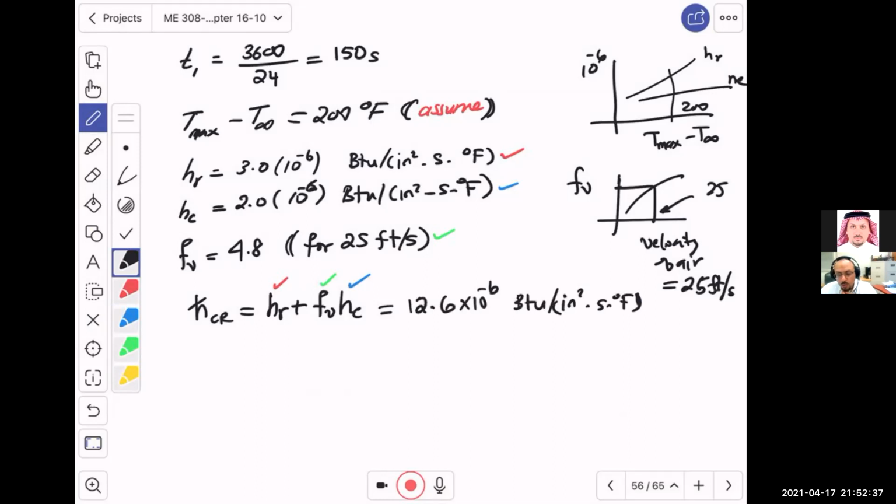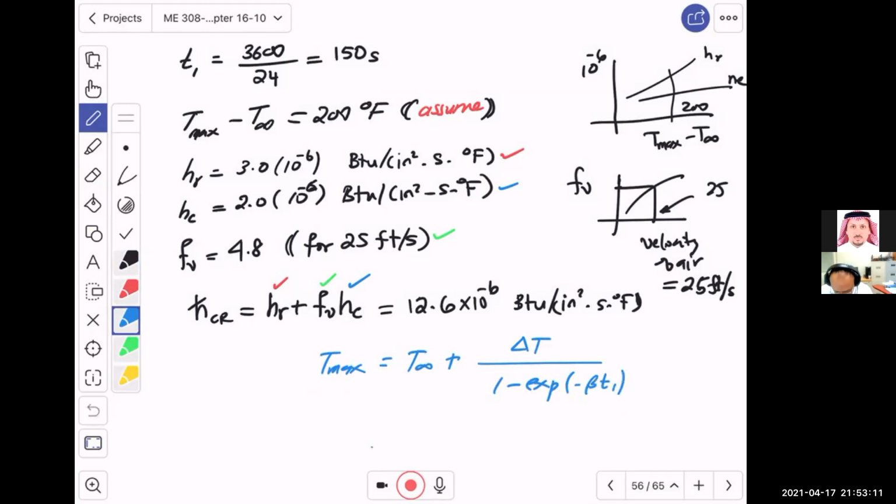Now, ultimately, what do we want to find? Ultimately, we want to use this expression. Maybe I should have written this before. We want to find T max, which is equal to T infinity plus delta T divided by 1 minus the exponent of minus beta T1.